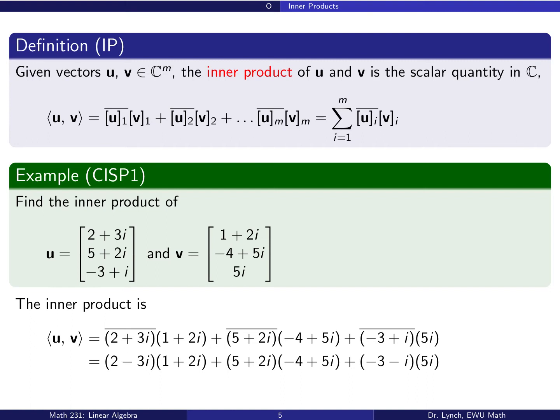Okay, so here you can see I've got a small typo. This should be a minus instead of a plus. In any case, the rest looks okay. 2 minus 3i times 1 plus 2i, 5 minus 2i times negative 4 plus 5i, negative 3 minus i times 5i. And when you do the complex arithmetic and write it all down here, it turns out that what you get is 3 plus 19i.